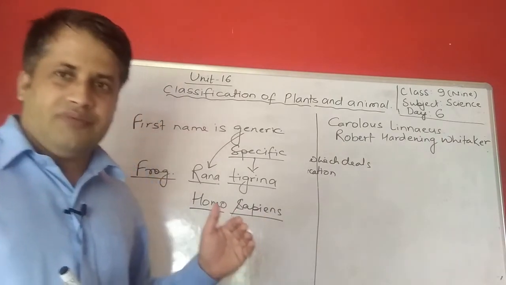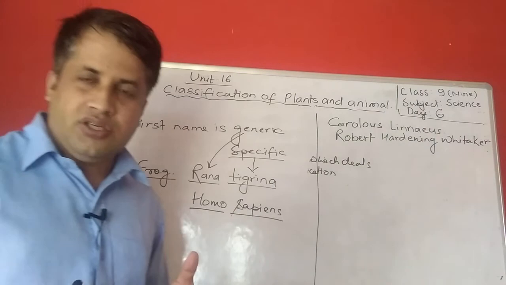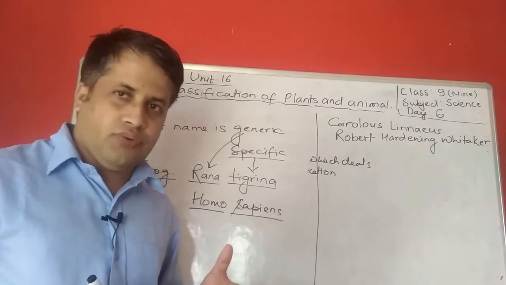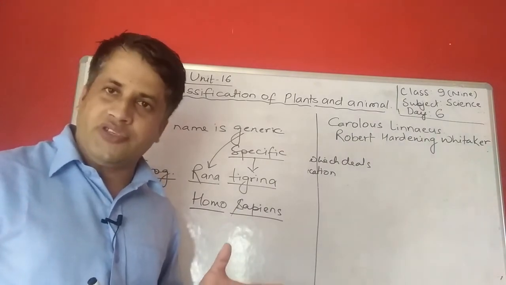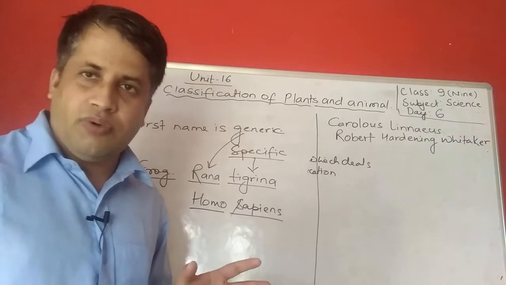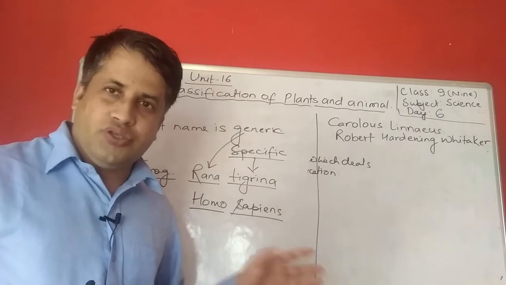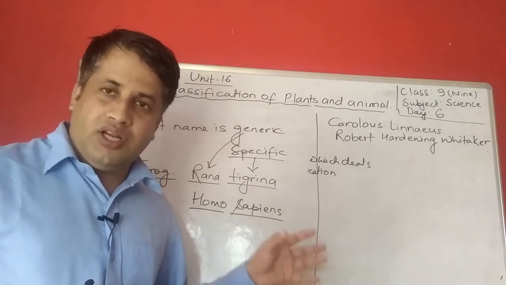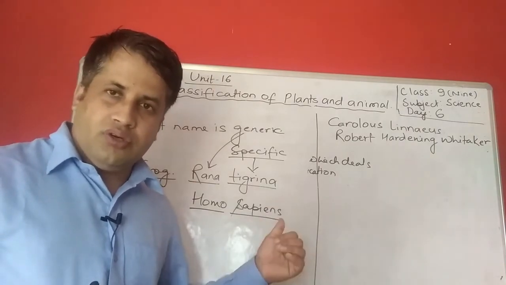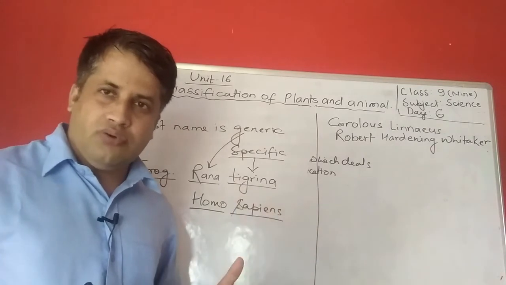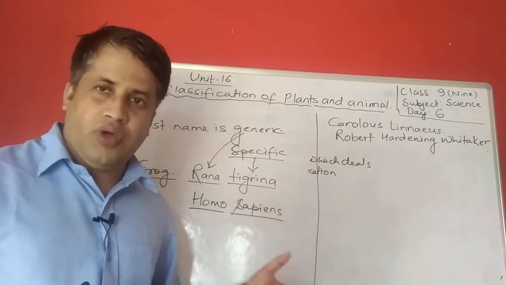After that, we studied what nomenclature is, the system of giving a scientific name to an organism, and there we studied the binomial system of nomenclature, in which two words or two names are used to give the generic name and specific name to an organism.